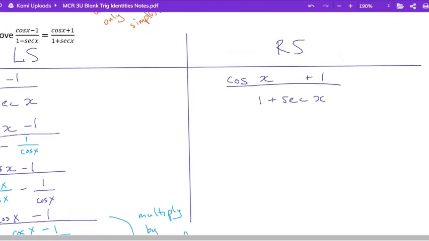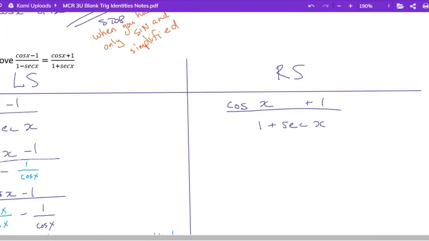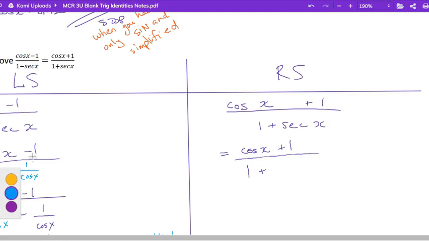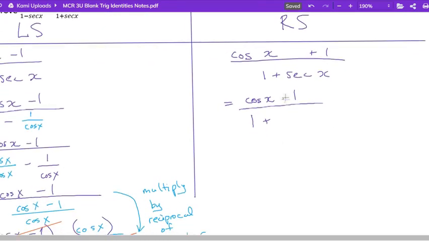All right, let's go to the other side. It's going to look similar. First things first, we're going to get rid of the reciprocal ratio. So I've got cos x plus 1 over 1 plus, and I'll just use blue to show what's the difference.